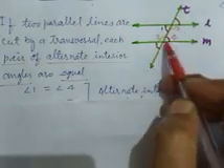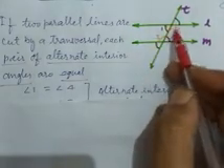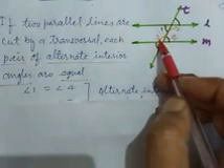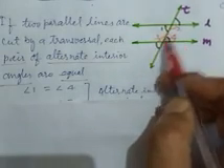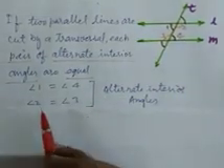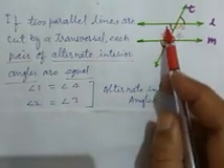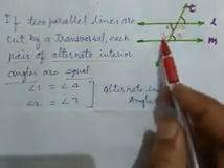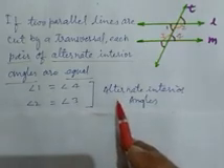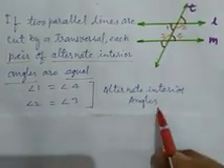So angle 2 and angle 3 also form a pair of alternate interior angles because they form a Z. So we receive one more piece of information: angle 2 equals angle 3, angle 1 equals angle 4, and these pairs are alternate interior angles.